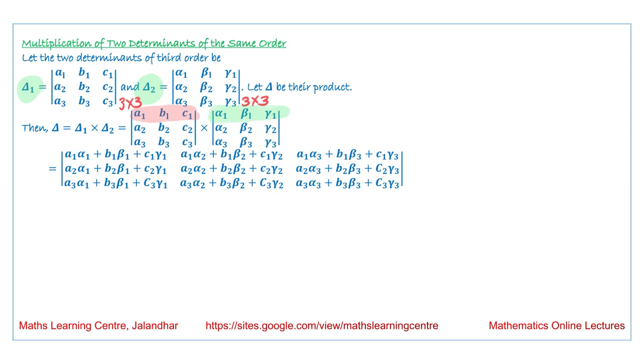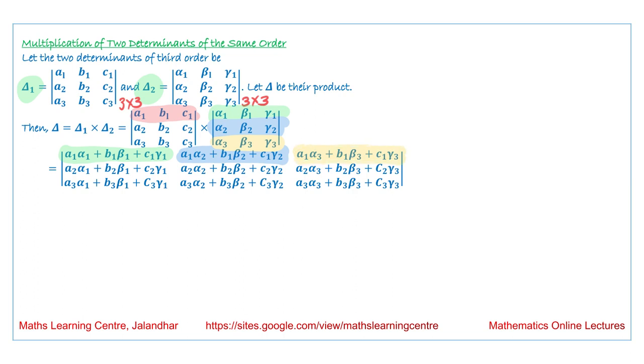It is multiplied over here, and we get A1 alpha 1, then B1 into beta 1 plus C1 into gamma 1. Then this is multiplied with the second row. So we are getting A1 alpha 2 plus B1 beta 2 plus C1 gamma 2, and then it is multiplied with the third row. So this is the third element we are getting over here.